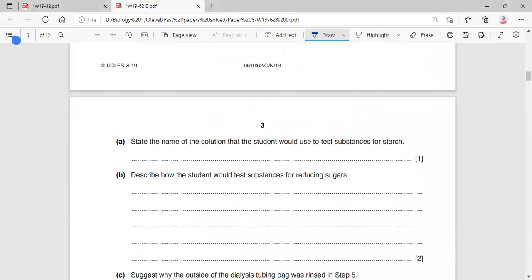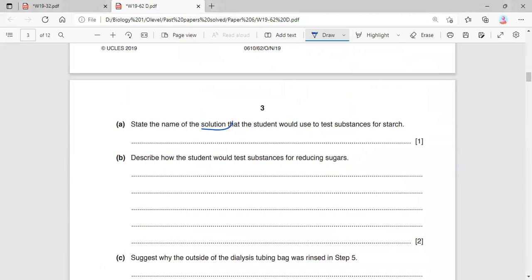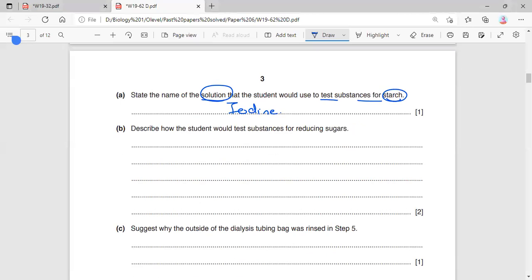Okay, state the name of the solution that the student would use to test for starch. What is the name of the solution to test for starch? And starch, not sugar, starch. Iodine. Okay. Describe how the student would test the substances for reducing sugar. For reducing sugar, what do I do to test for reducing sugar?